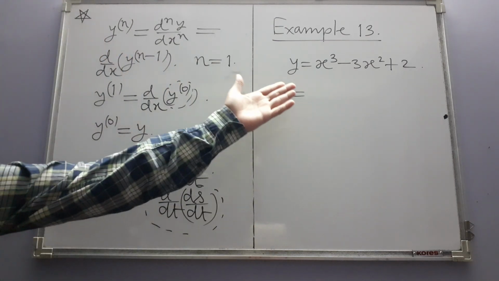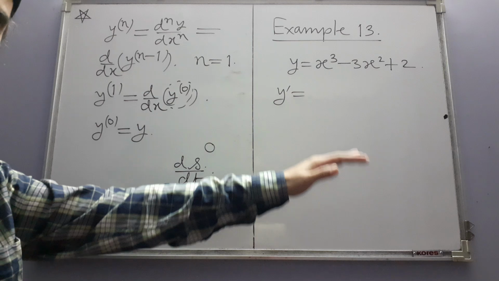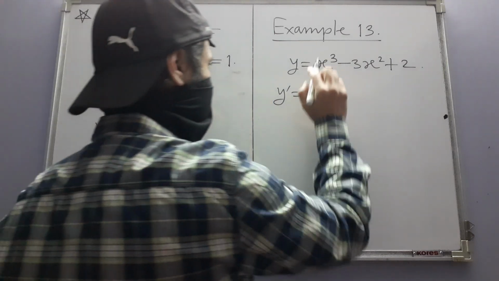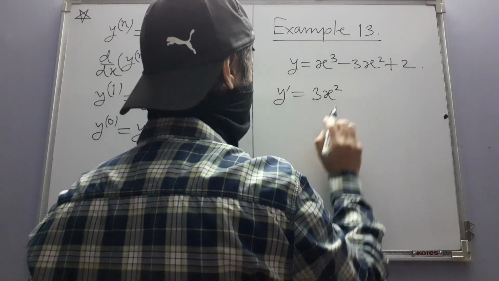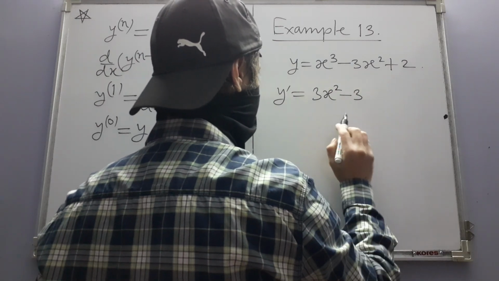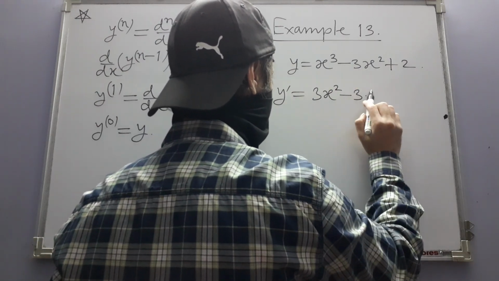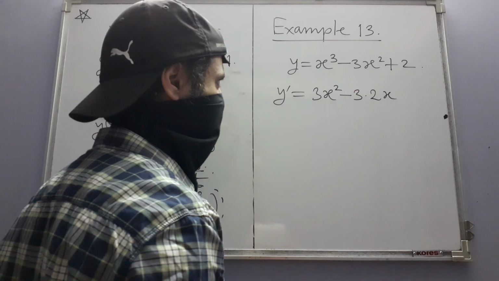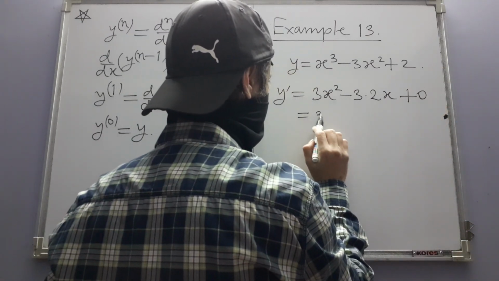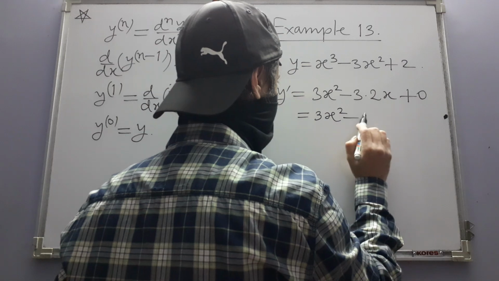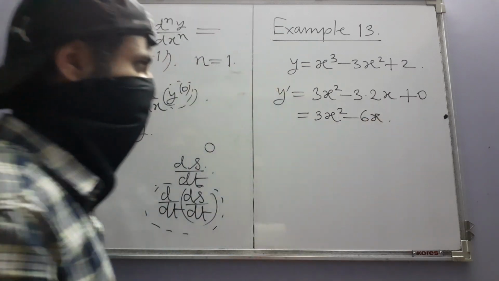you will be using the constant multiple rule, sum rule, power rule. First you will get 3x square from this term, then minus 3 times from x square you are going to get 2x plus 0. So this becomes 3x square minus 6x.